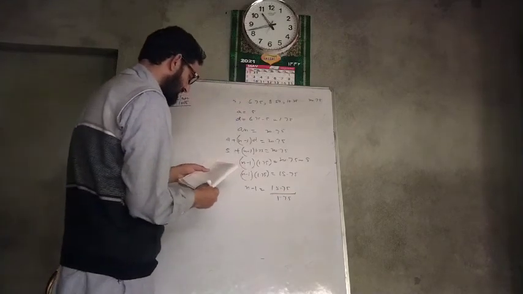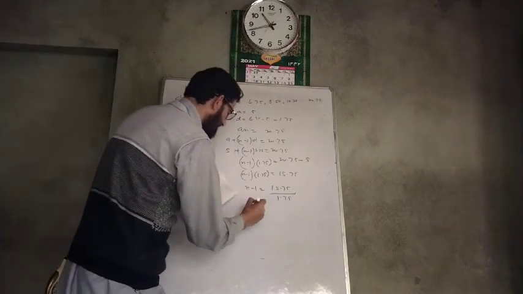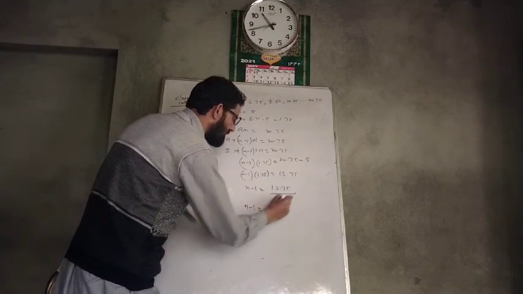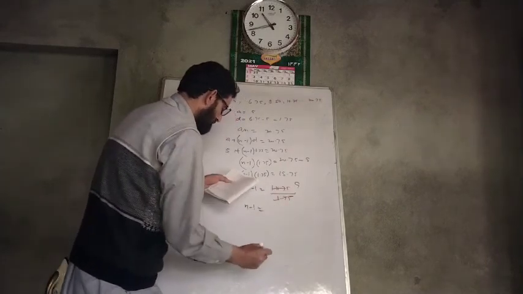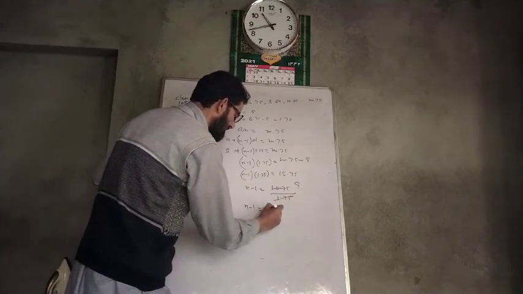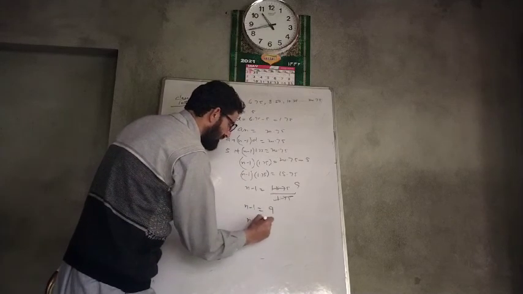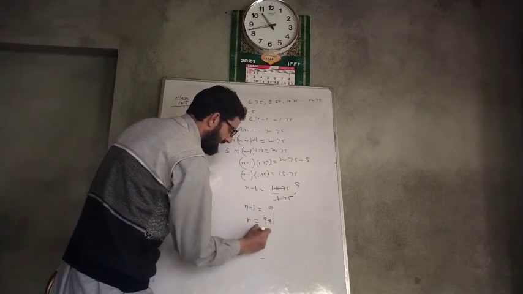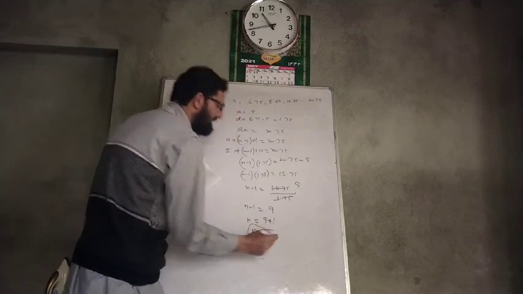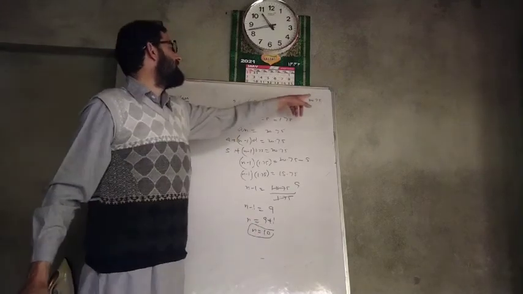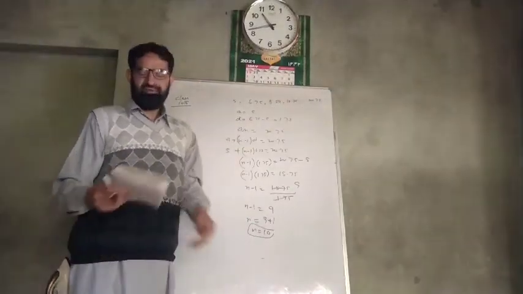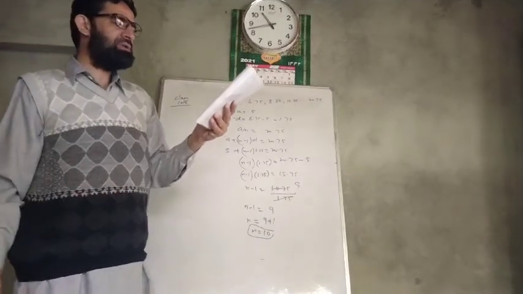So n minus 1 is equal to, 1 nines are 9. So this is 9. n minus 1 is equal to 9. So n is equal to 9 plus 1. What is n? It is 10. So after 10 weeks, her savings will be 20.75. And with this we completed the exercise.